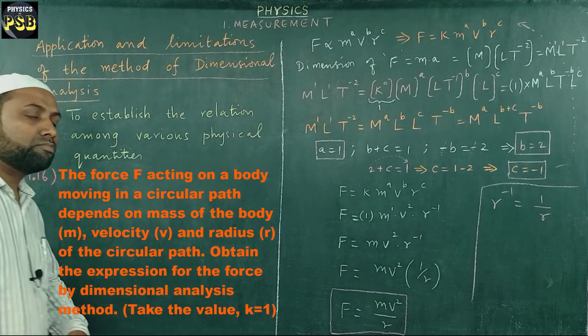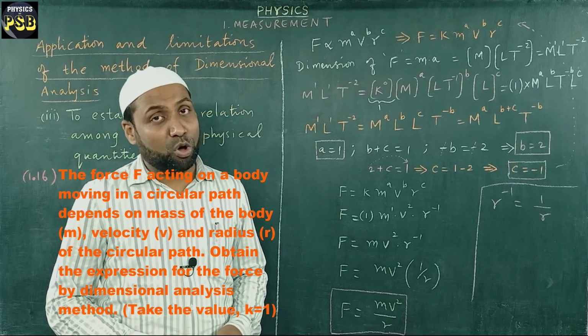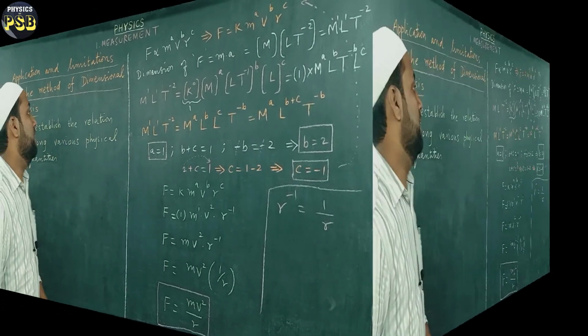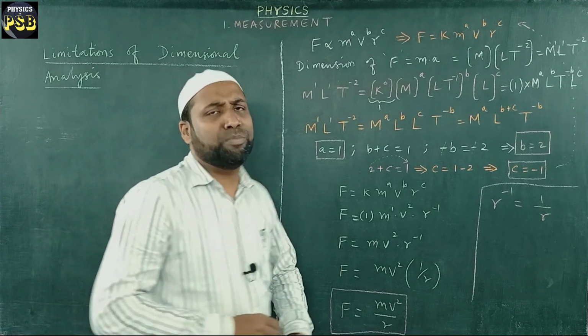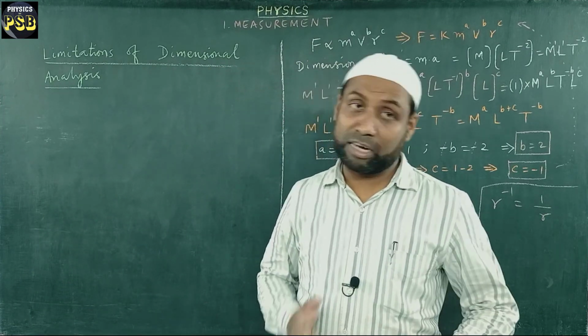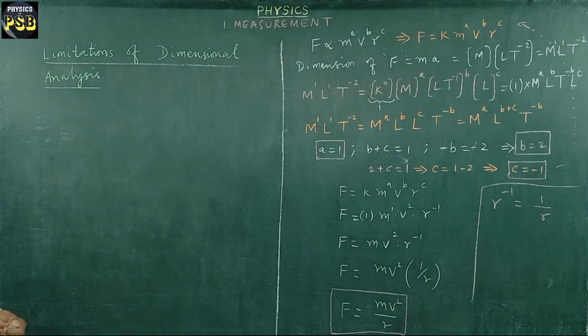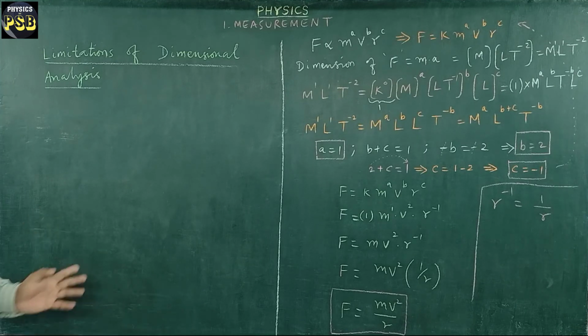Now, we will discuss some of the limitations of this method. Using the dimensional analysis method, we can check whether the given equation is dimensionally correct or not. But we cannot check whether the equation is absolutely correct or not.